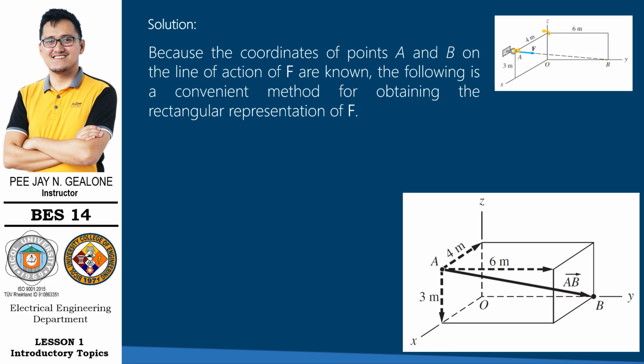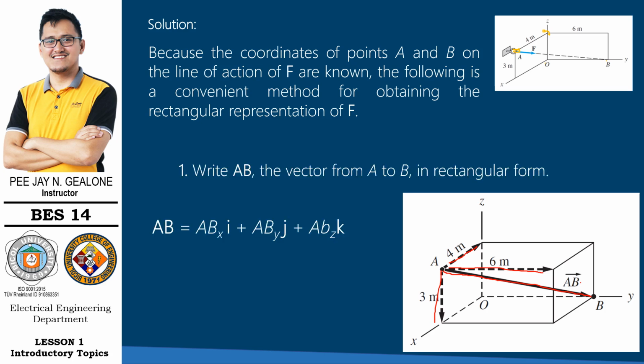So say for example, you have a position vector AB, ayan, and then ang kanyang x, y, and z components are this one, which is 3 pababa, and then 6 meters sa kay y, and 4 meters along z. So pwede natin siyang i-represent si AB as equal to negative 4. Bakit negative 4 si x?